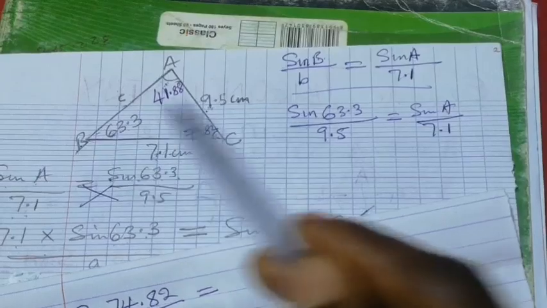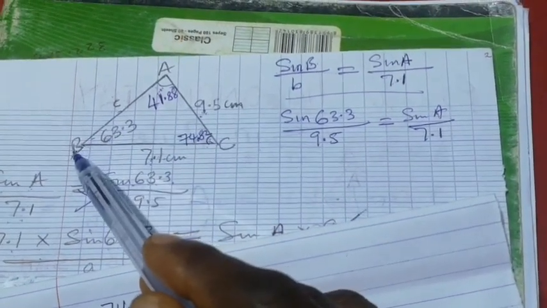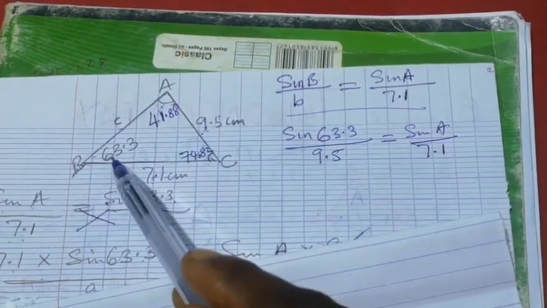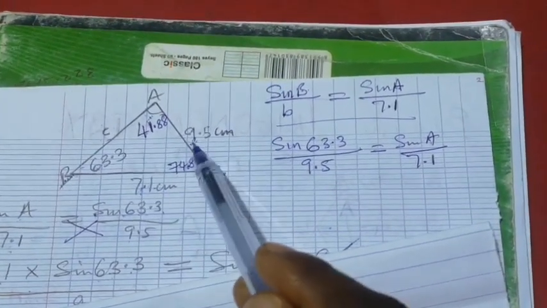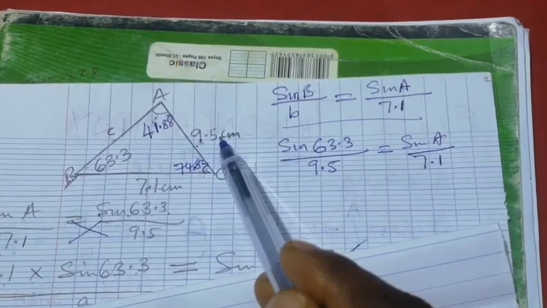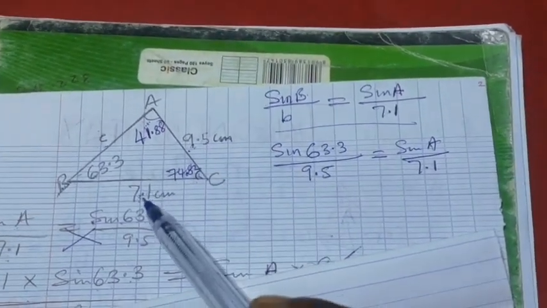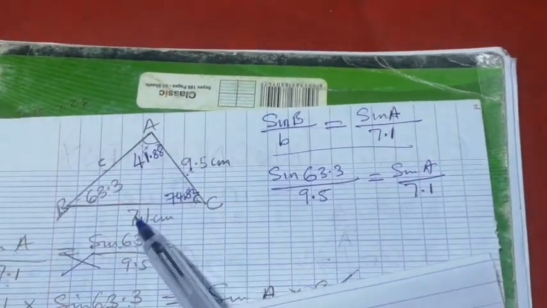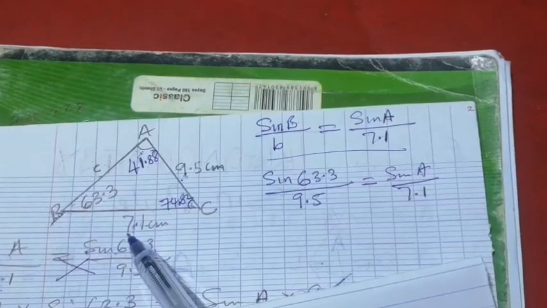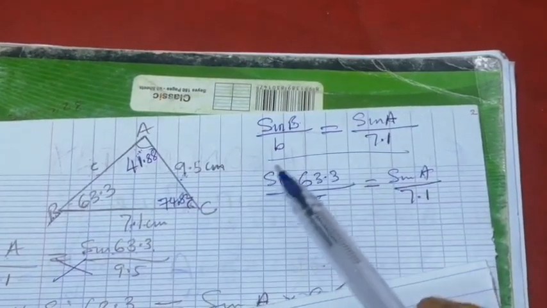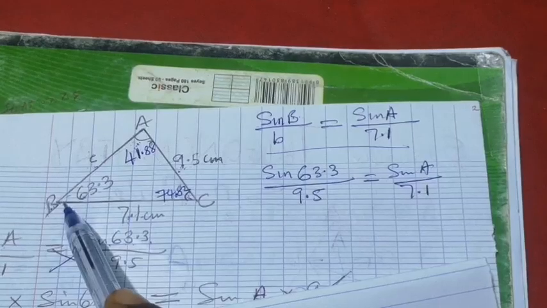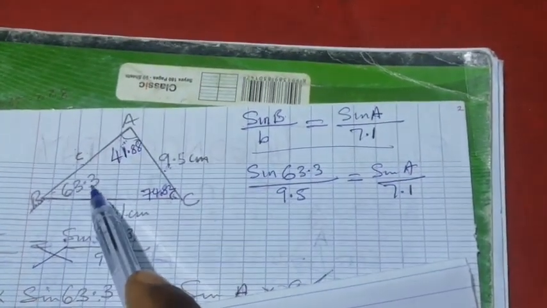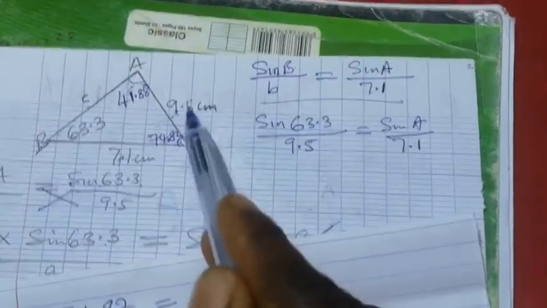We can equate it with either angle B upon side B, which is sine 63.3 upon 9.5, or we can equate it to sine 41.88 upon side 7.1. So any one we choose, okay, but let's take sine 63.3 upon 9.5 because they are complete.